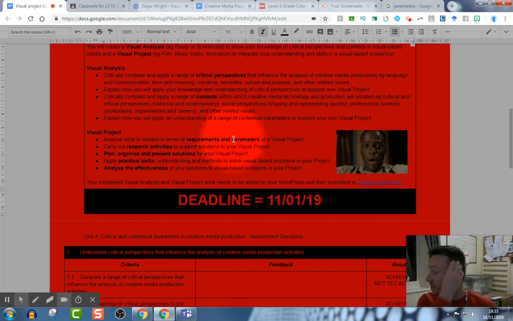So, in terms of limited resources, time, actors, ability in terms of software, confidence, what's required, what are your parameters, your limits. Maybe a little post on WordPress would suffice for that, or a vlog or a podcast. Again, up to you. You're going to carry out some research activities to support solutions to your visual project.